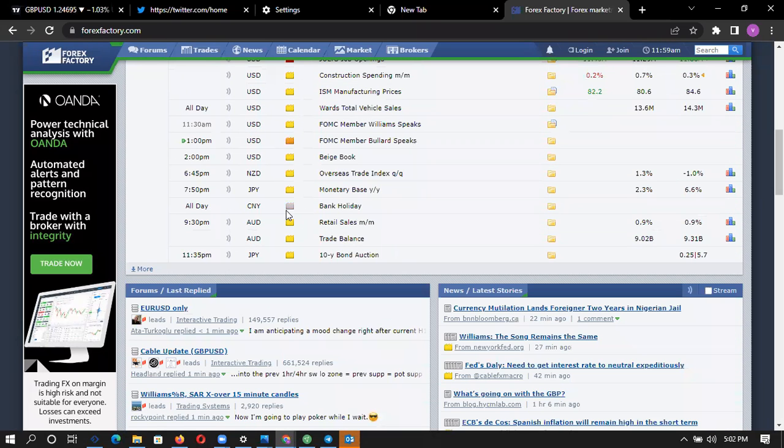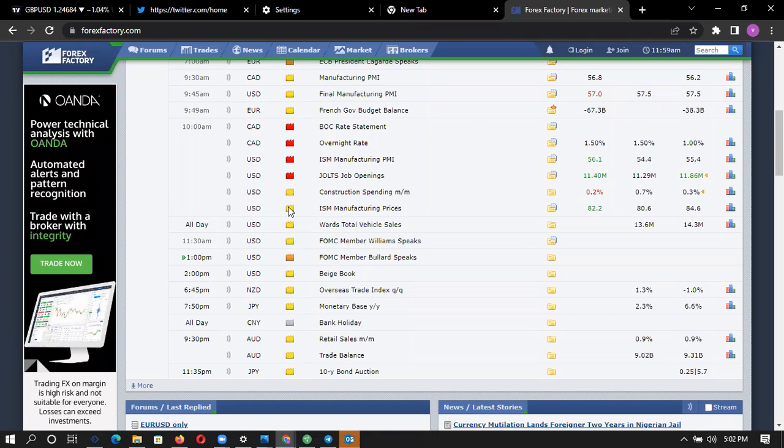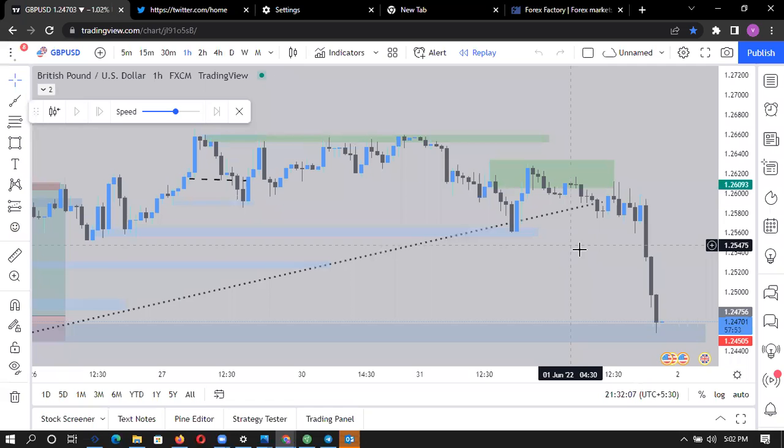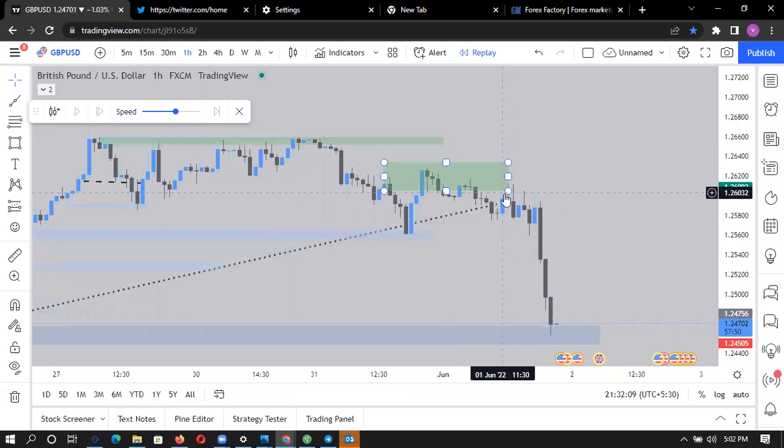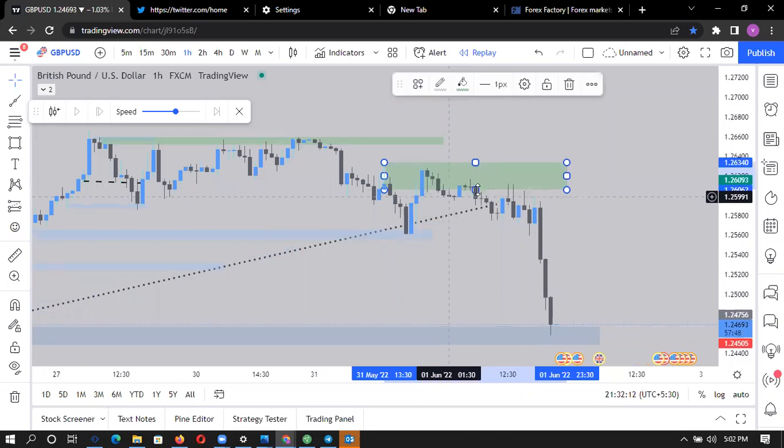In the CNY we're having the bank holiday, so I think the Chinese banks are on holiday. But the US is pretty volatile, and that's why we're getting this volatile move. From here the price just kept testing this order block.